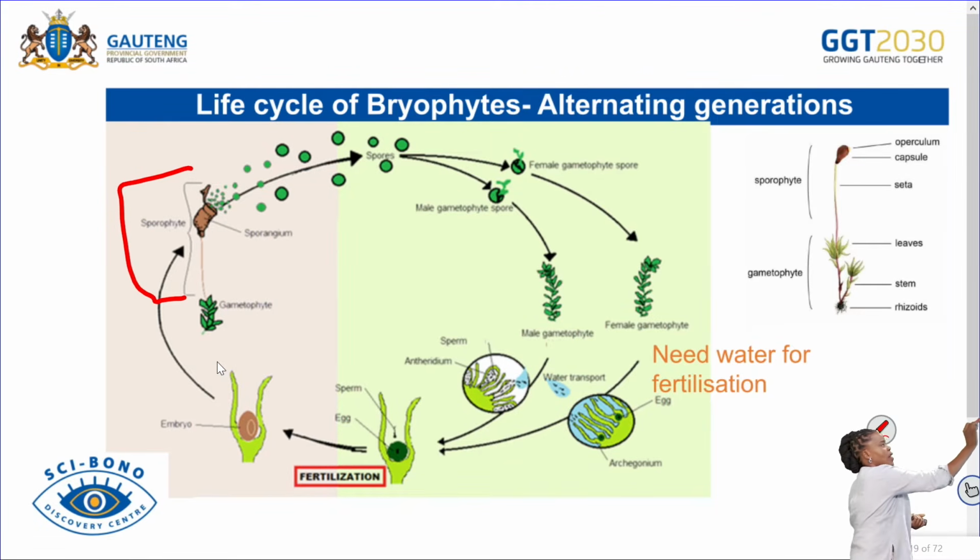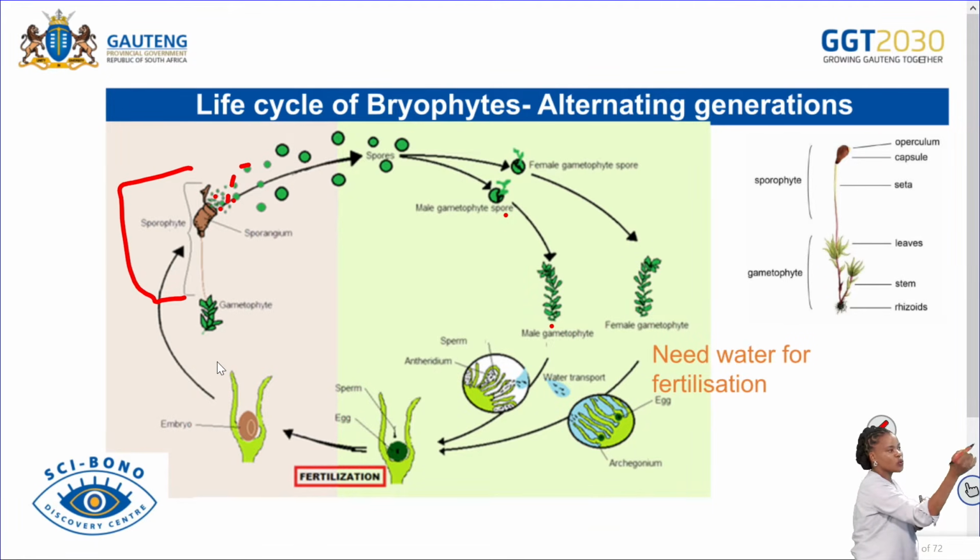So what is happening when the spores mature? The operculum opens up, and it will release all these spores, and the spores will be dispersed by wind. And then after they've been dispersed by the wind, the spores start to form now.